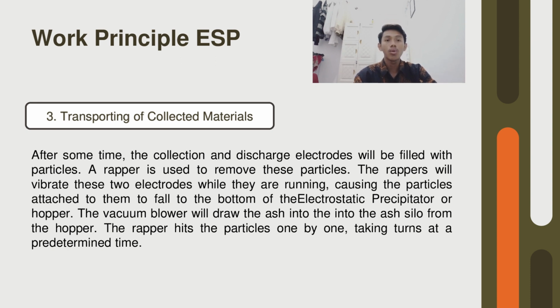The vacuum blower will draw the ash from the hopper into the ash silo. The rapper hits the particles one by one, taking turns at a predetermined time.